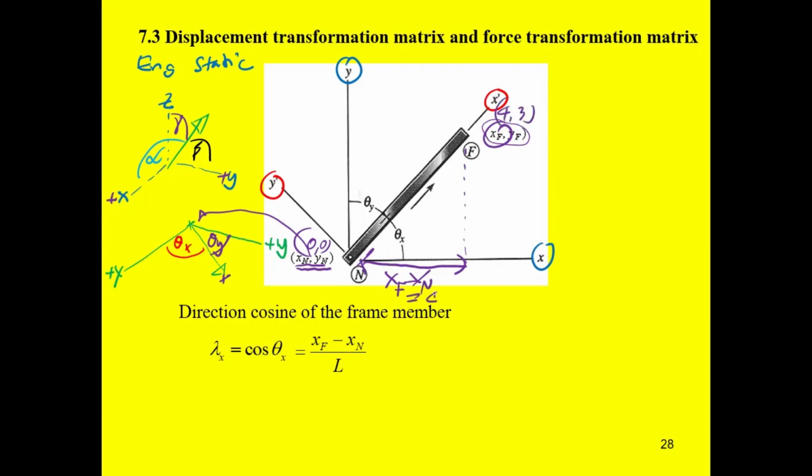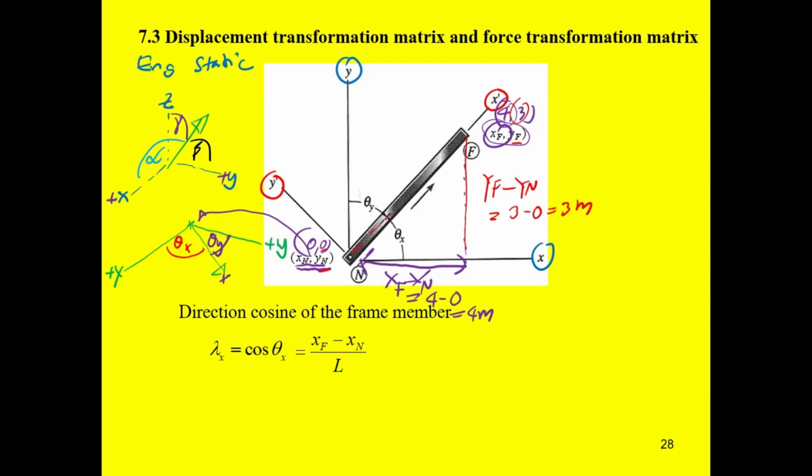This one is going to be 4 minus 0, which is 4 meter. And for this one, it's going to be y sub f minus y sub n. This is going to be 3 minus 0, that's going to be 3 meter.